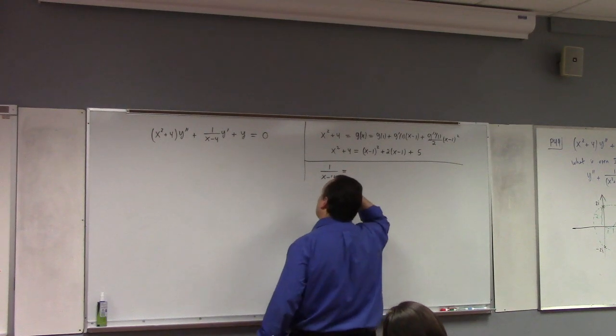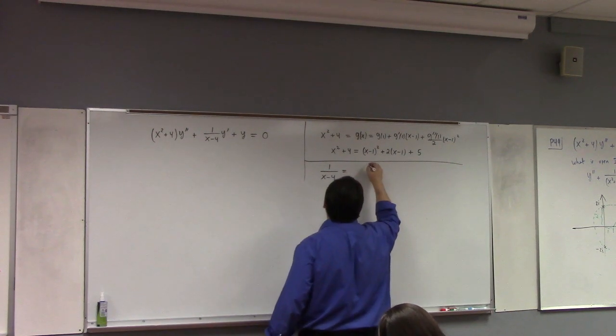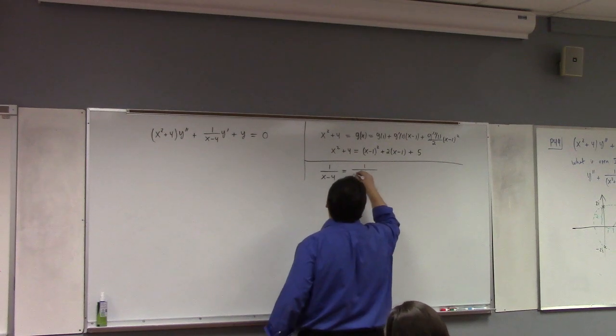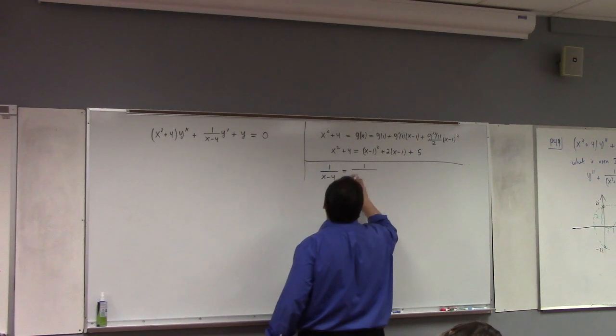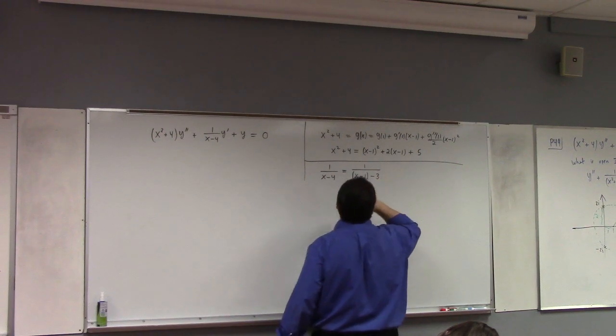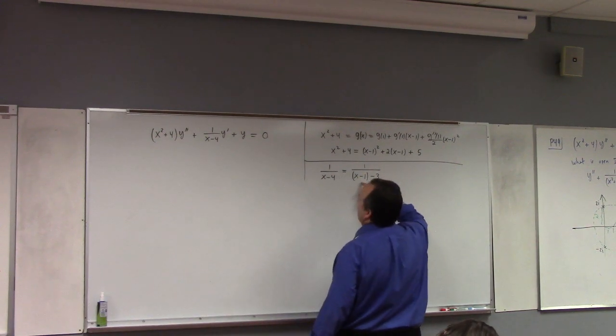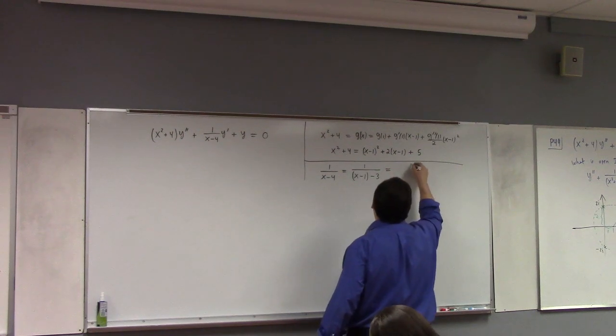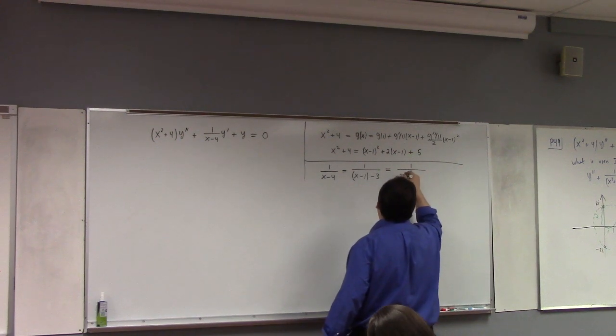So what I would do there, I'd probably do 1 over... well, just a second here. 1 over x minus 1, I'm changing that to x minus 1 minus 3, like that. Because I want it to be centered at 1, I factor the 3 out, minus 3 actually.